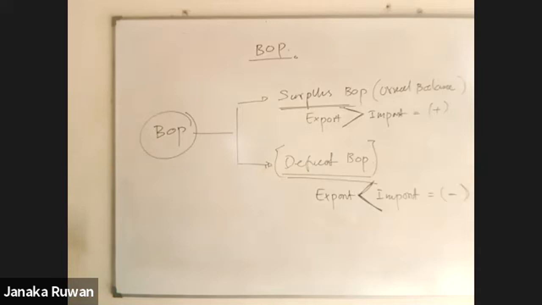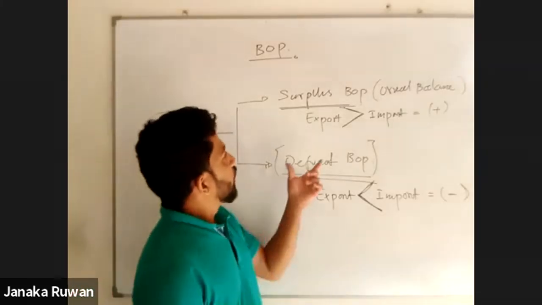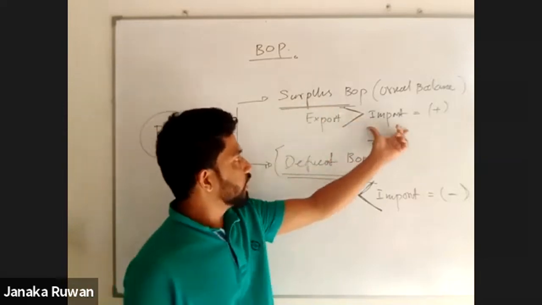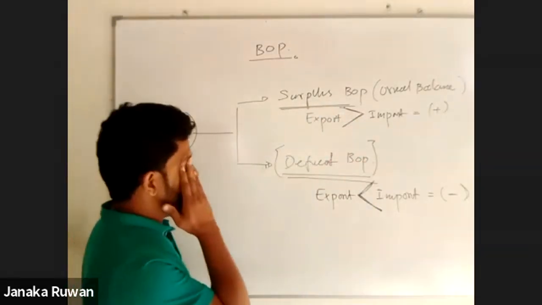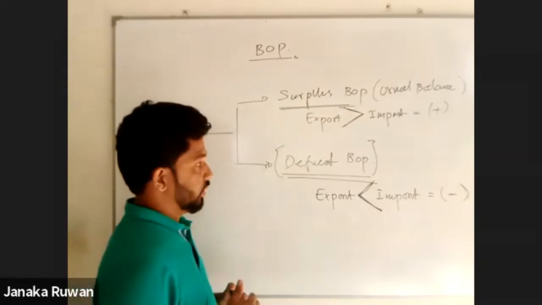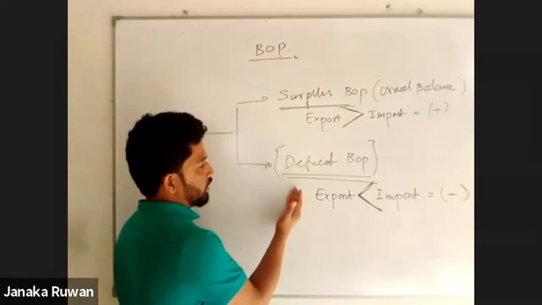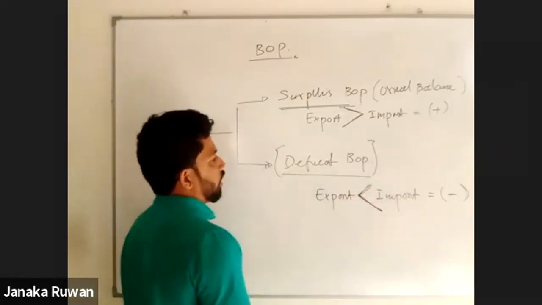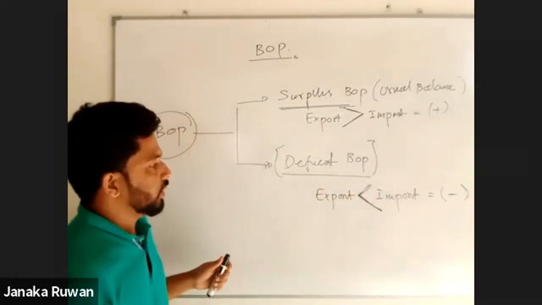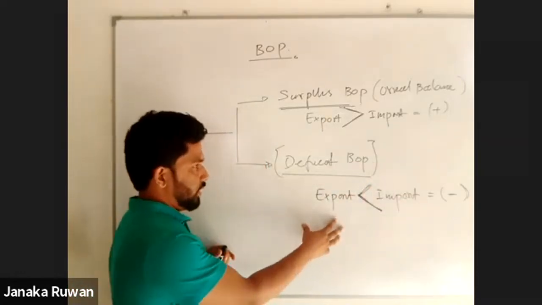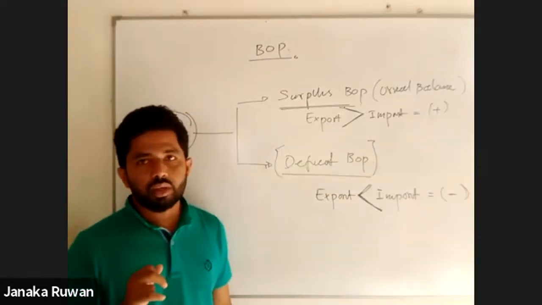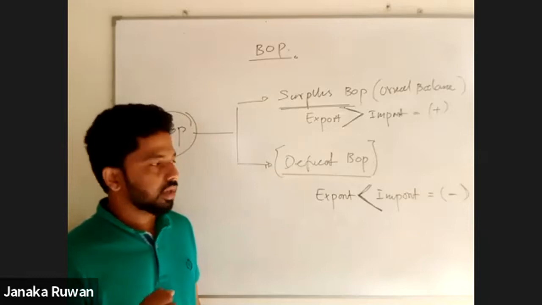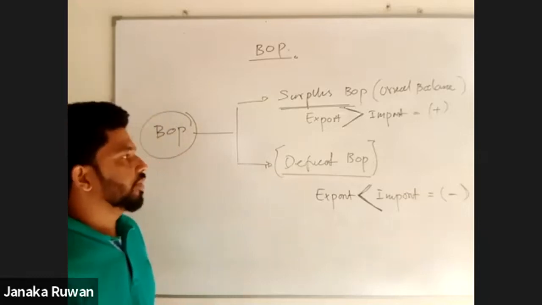Just consider what the effect on the economy will be when there is a surplus in the overall balance of payment, and what kind of effect there is when there is a deficit, including on the overall financial strength of the country.